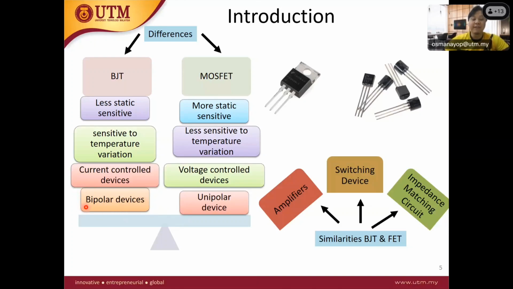Both carriers contribute to the forming of the current. However, MOSFET is unipolar, so only one major carrier contributes to the formation of the current, whether it's holes or electrons.